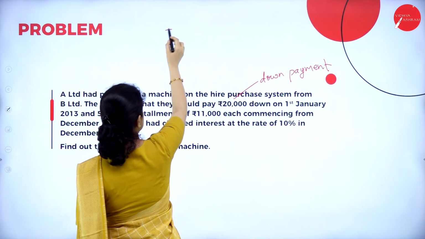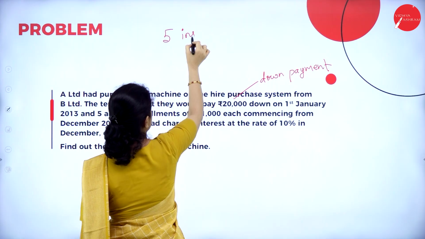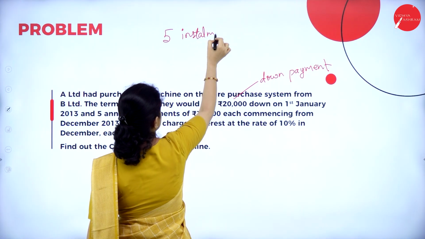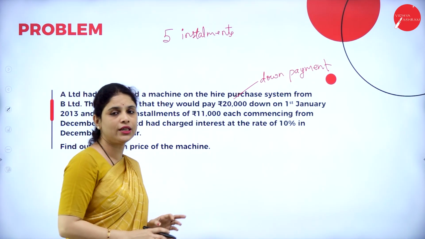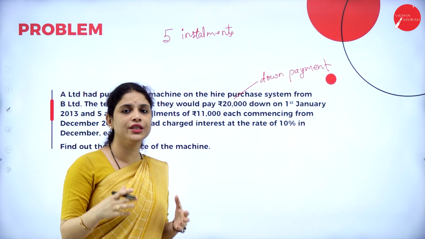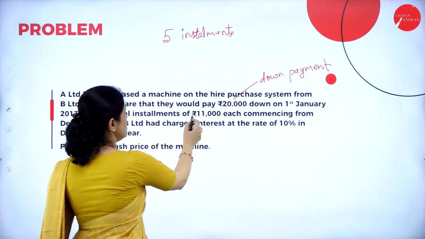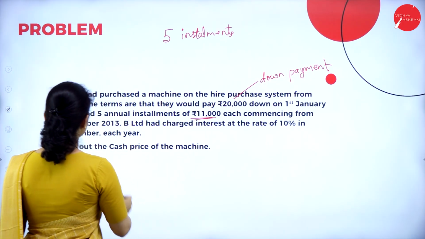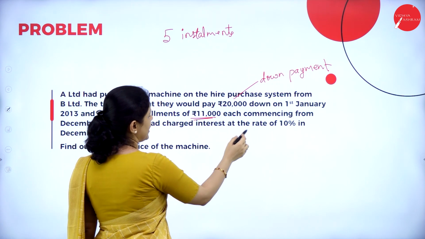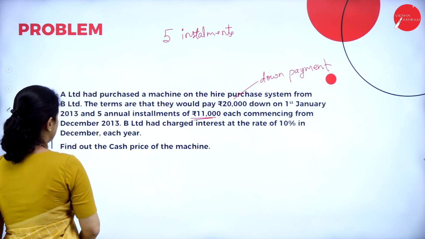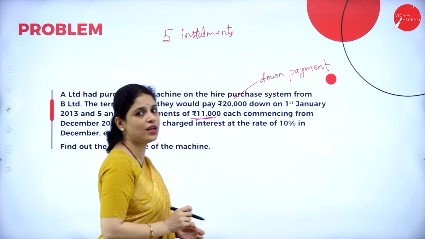So how many installments are there? 5 installments, 11,000 each. So in this problem also, each year's installment is 11,000, commencing from December 2013. B Limited charged interest at the rate of 10% in December each year. Find out the cash price of the machine.